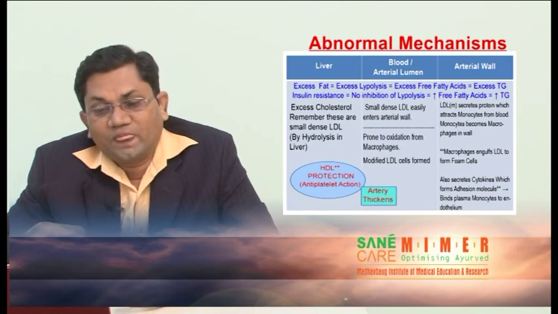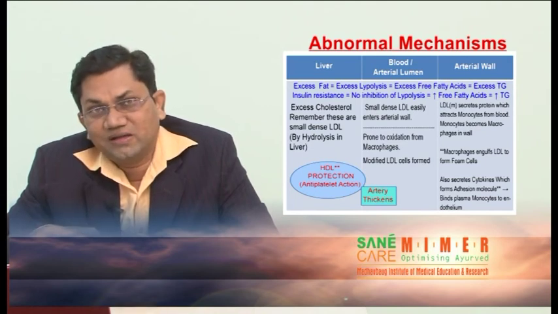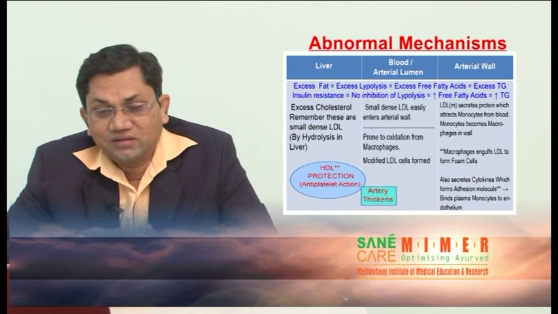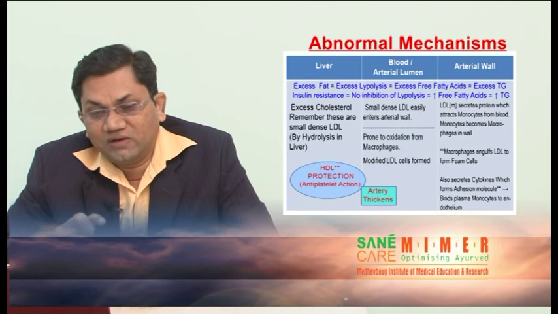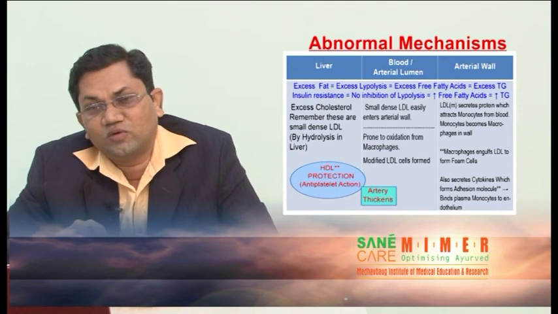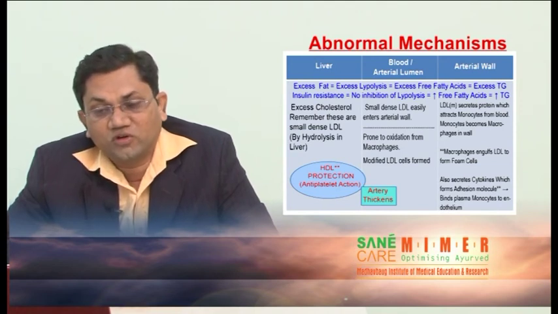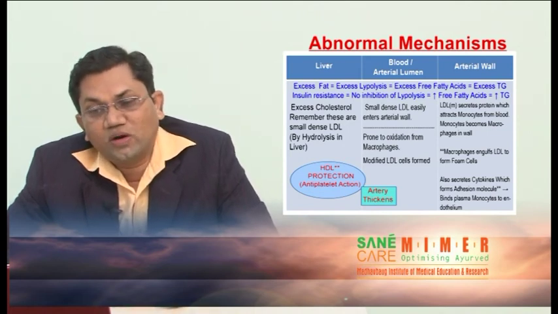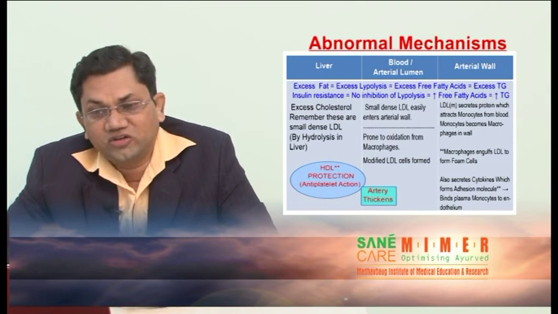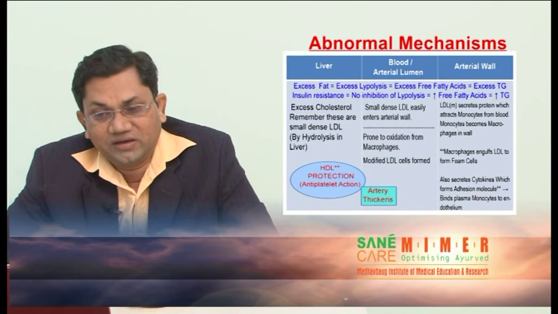But if the supply is more than the demand, then this excess cholesterol will be involved in a different kind of procedure, that is hydrolysis, and this hydrolysis will lead to the formation of what is called small dense LDL particle. This small dense LDL particle has the capacity to pierce the arterial lumen through the endothelial tissue, and it enters into your arterial wall.